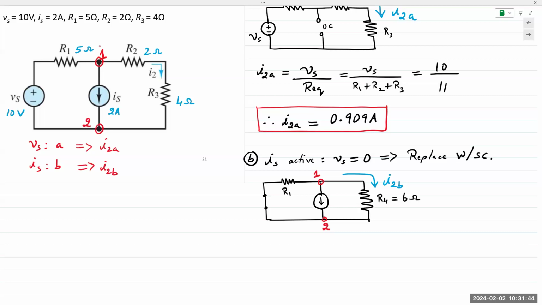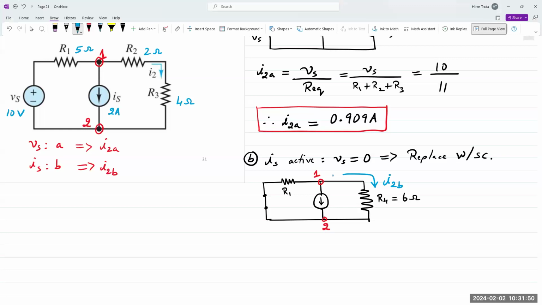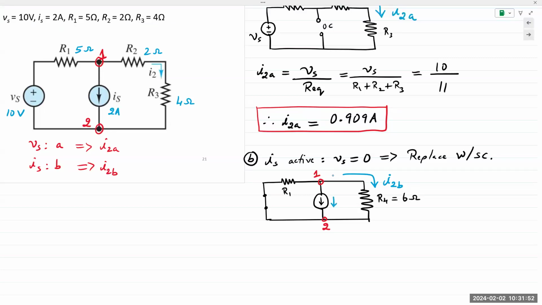Take a few seconds, pause. I want to make sure everybody understands that. Does everybody see that? Again, this is a simple circuit, and so it's easy to see this.